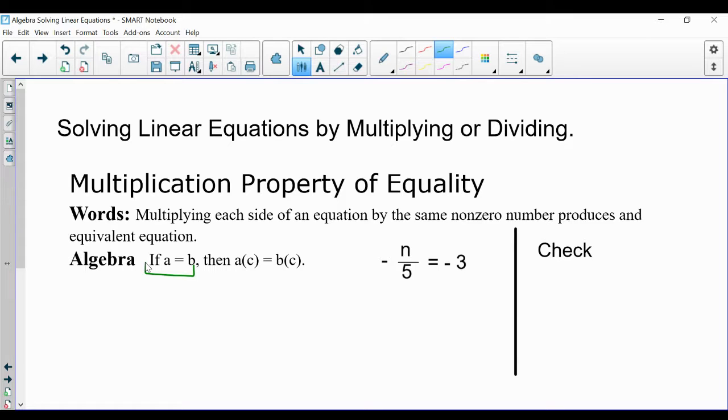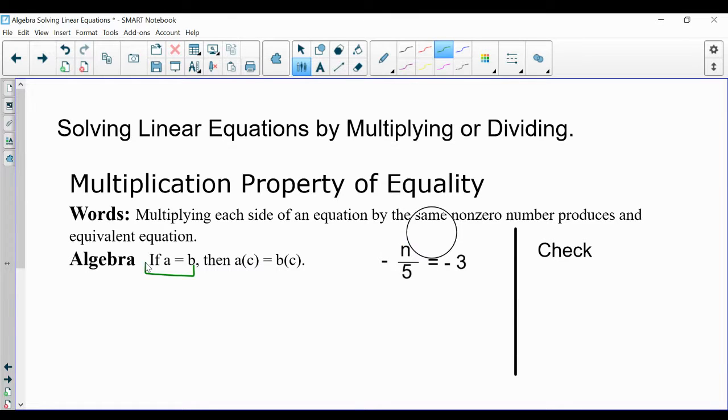So our first example here is a fraction. What I know when I'm looking at it, I just need to ask myself, what do I know? So where is the variable? The variable is in the numerator right here. So that's what I need to isolate.